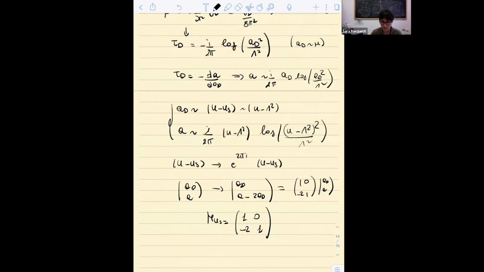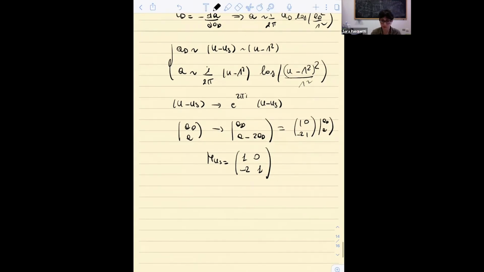Good. So I don't need really to do more work to describe what's going on at the other singular point, because now, so that's my U plane. There are the two singular points.